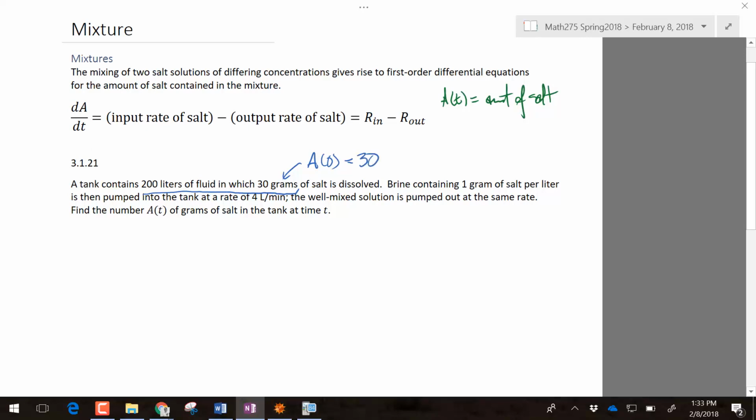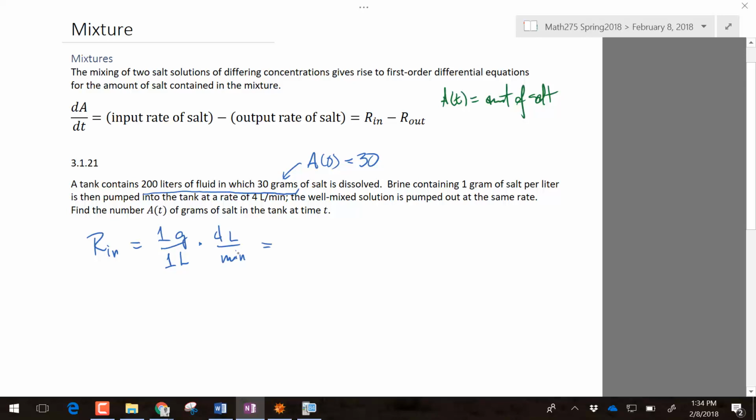And then we have brine coming in, so R in. 1 gram of salt per liter. 1 gram per 1 liter. These ratios and units are going to be important for us here. 1 gram per 1 liter coming in, and the rate that it's pumping in is 4 liters per minute.